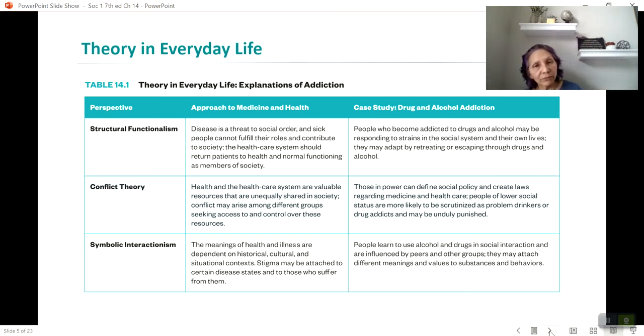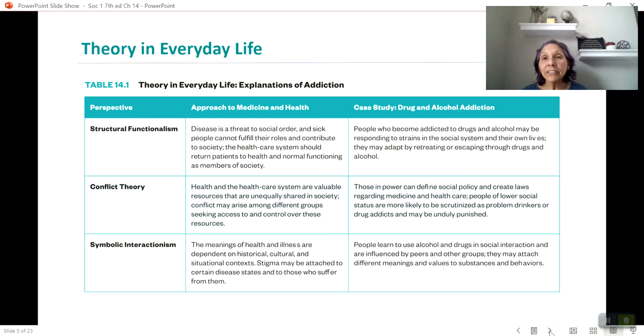So again, for conflict theorists, looking at who labels people worthy or unworthy of our sympathy, but also looking at how we have structured healthcare in the United States and how wealthy people can pretty much get any treatment they need or want, whereas others really have to struggle to decide, do I really go to the doctor? Maybe I should just wait.